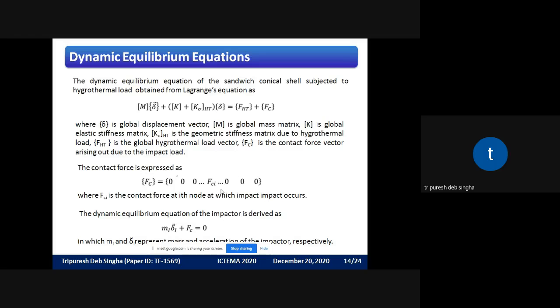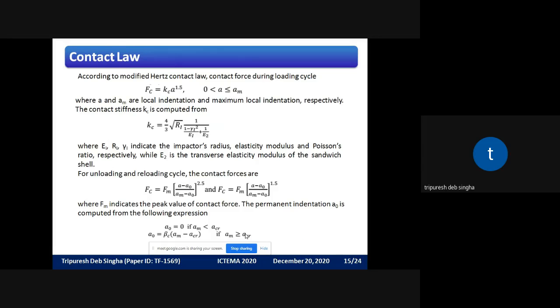The dynamic equilibrium equation for the impactor is derived using this formula, where Mi is the mass of the impactor, delta I double dot is the acceleration, and Fc is the contact force vector. The contact force due to the impact is calculated by the modified Hertzian contact law.